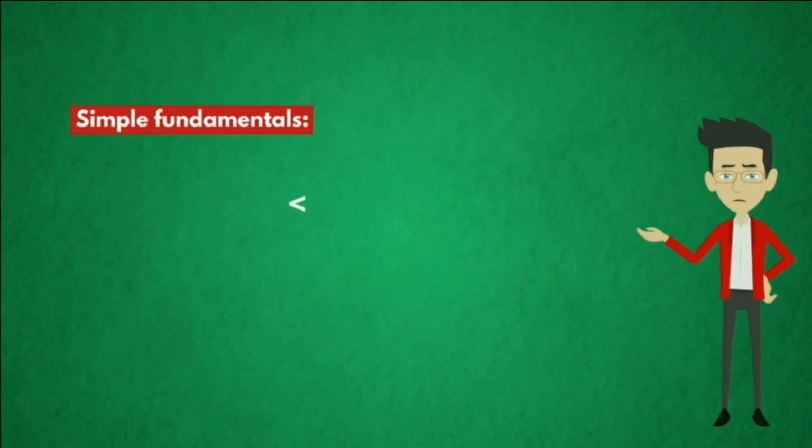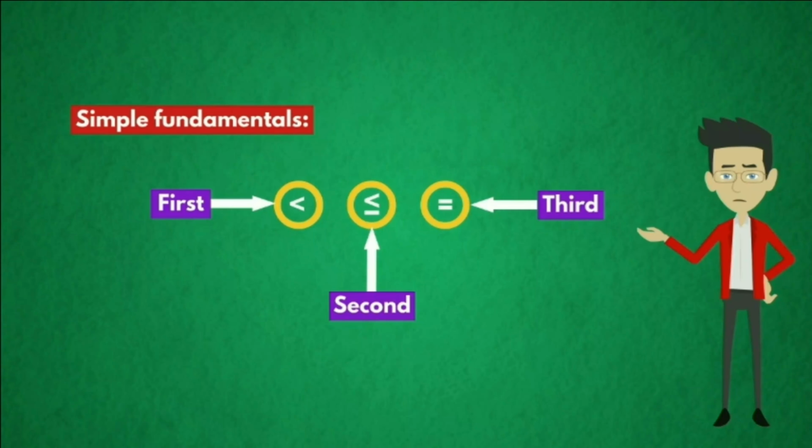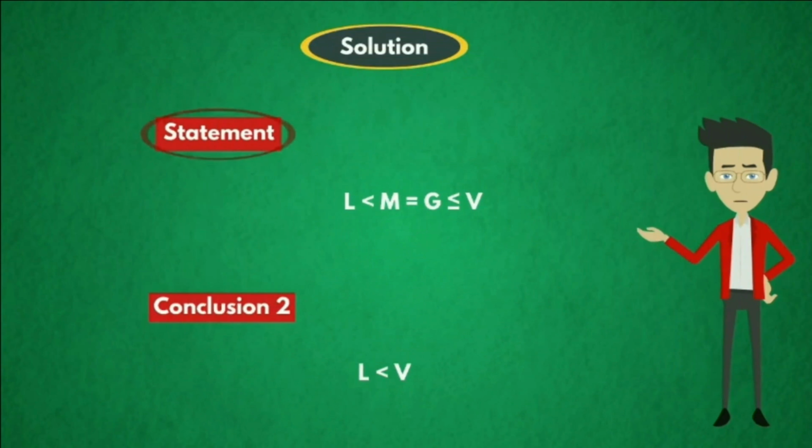If there is a combination of less than or equal to and equal to symbols, then we give first priority to the less than symbol, second priority to the less than or equal to symbol, and third priority to the equal to symbol. So here L less than M equal to G less than or equal to V, we can say that L less than V. So conclusion 2 is true.